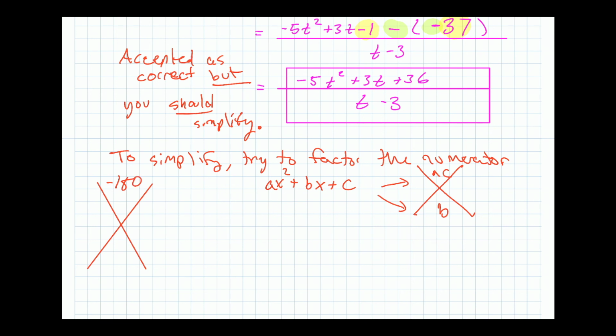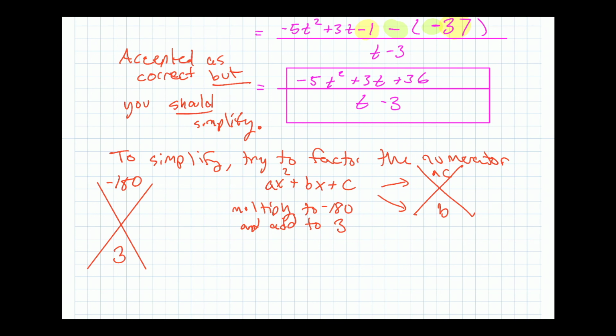And then in the denominator we have b, which is 3. What we're supposed to be trying to come up with here is numbers that multiply to 180 and add up to 3. So we want numbers that multiply to 180 and add to 3.